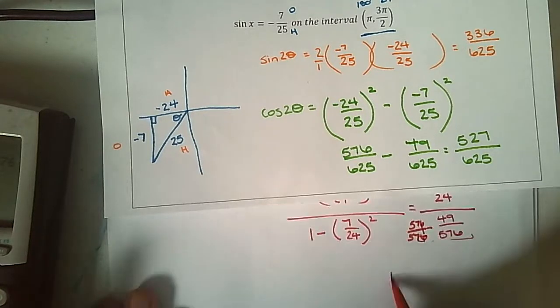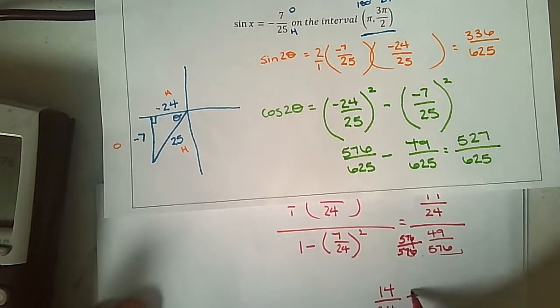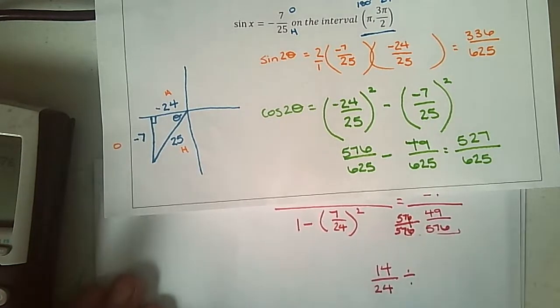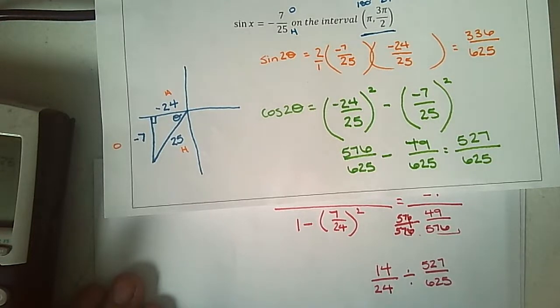So the top we haven't done anything to. And then we know this is really division. I'm going to write this sideways. Division, and then we said 576 minus 49 is 527 over 576.